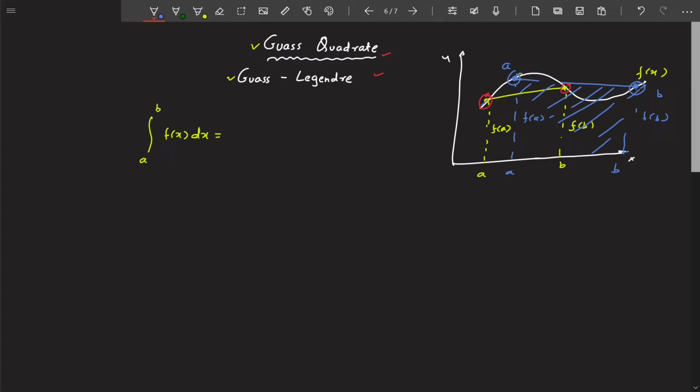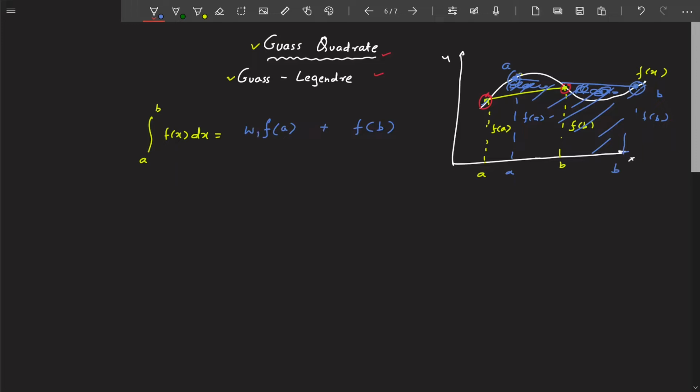Basically what is happening, if you see here, some error is getting added and some error is getting subtracted, and we are trying to balance. We have 2 points and we are trying to balance such that we get a value that is close to the analytical value. If this is my function, I take one function, I take another function, and I try to balance them with weights.